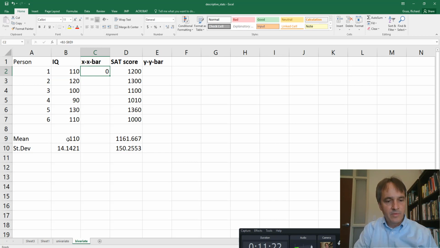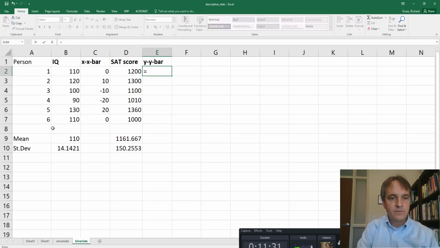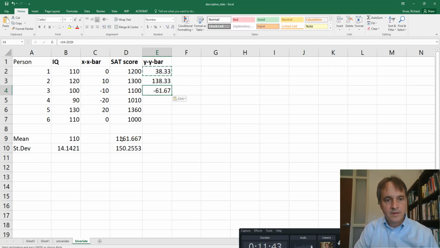So that's no different from the mean, and that's 10 above, 10 below, 20 below, 20 above. We'll do the same thing over here. Tell me what is the difference between this and the mean down here. That is 38 points above, 138 above, 61 below, and so on.